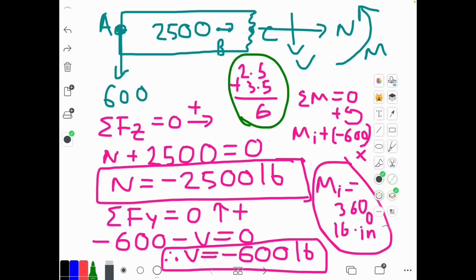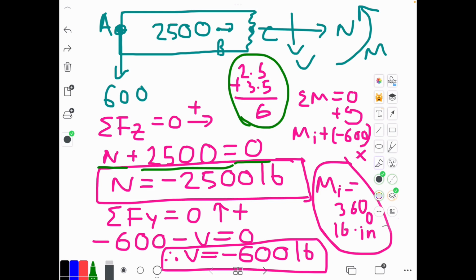Now, we know that the normal force is going towards the right. Doing the summation of forces in the z direction, we find that the normal force plus the 2,500 pounds force equals 0. So our normal force is negative 2,500 pounds.